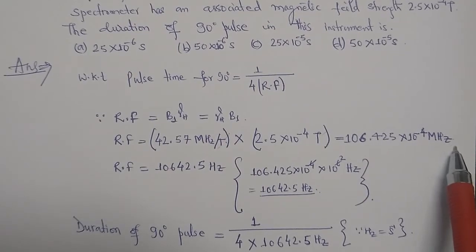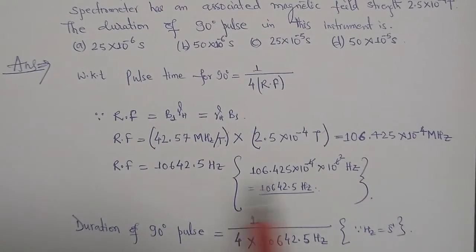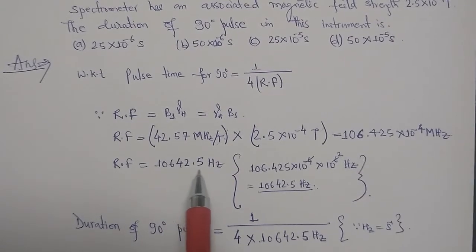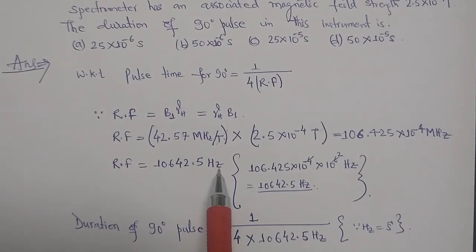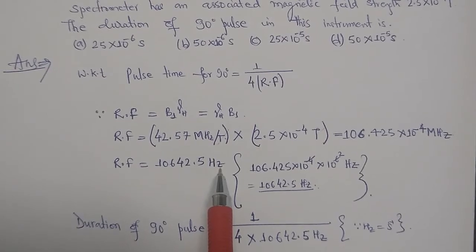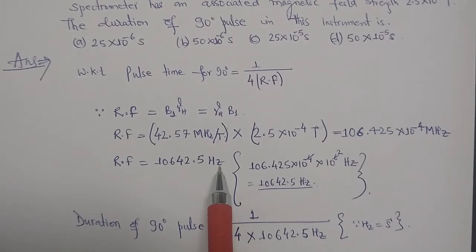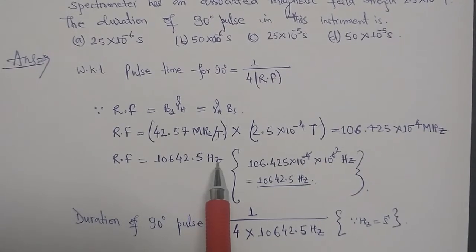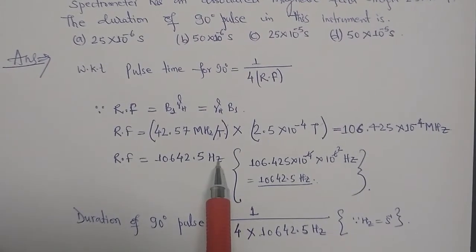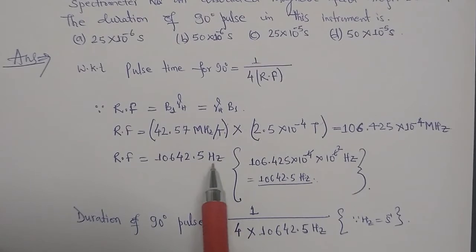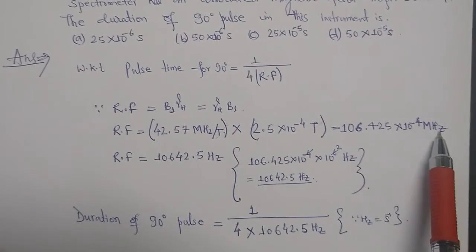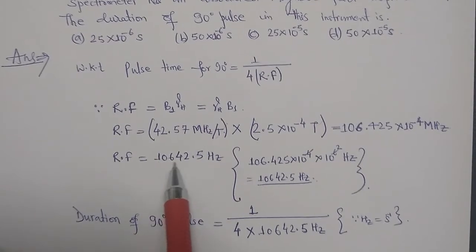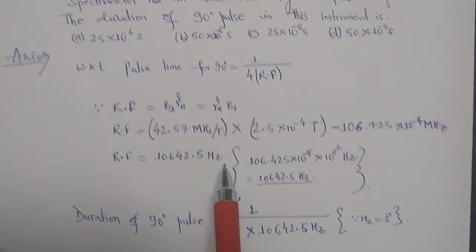If we convert this megahertz to hertz, then we will get radio frequency equals 10642.5 hertz. Since 1 megahertz is equal to 10 to the power 6 hertz, we just multiply this by 10 to the power 6 and get 10642.5 hertz.